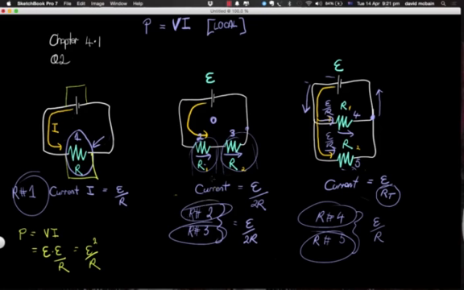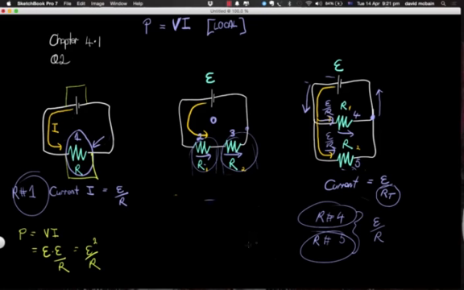Now, over here, in this second circuit, the current is half of that in the first circuit. So the power through this resistor here and this resistor here will be the same because those resistors are the same and they're in series. So the power through R2 will equal the voltage across R2.